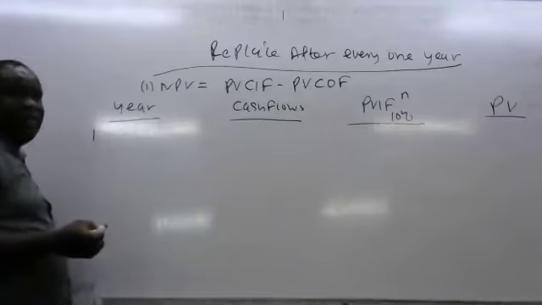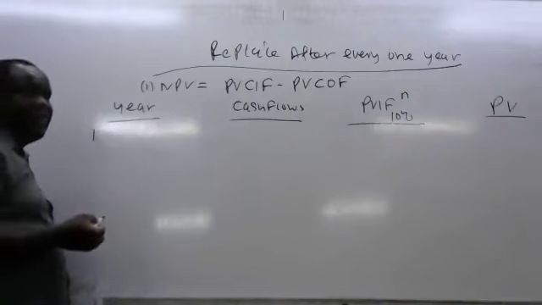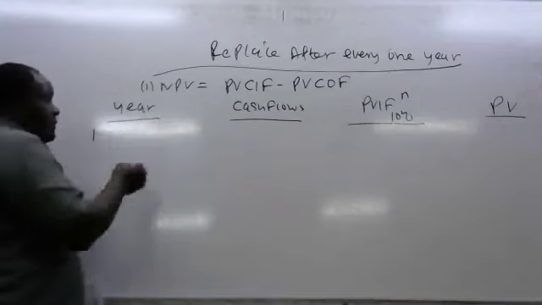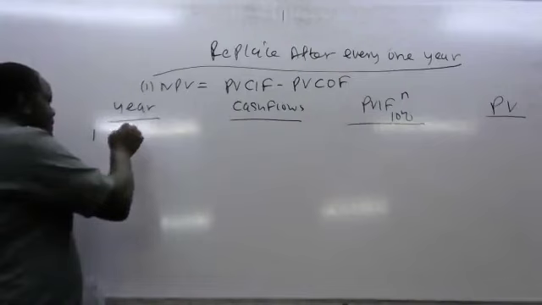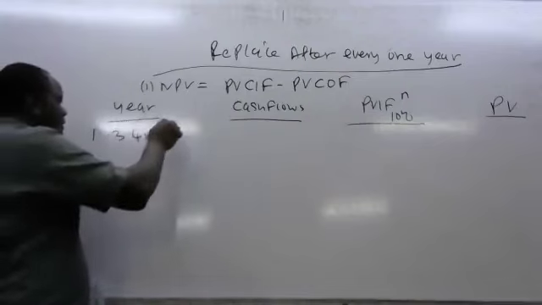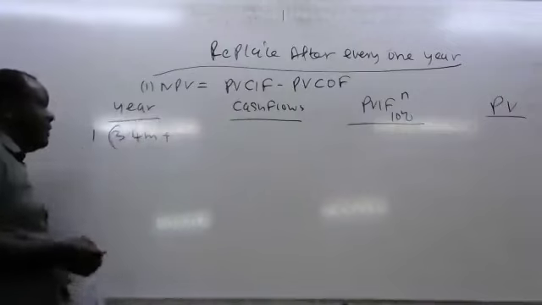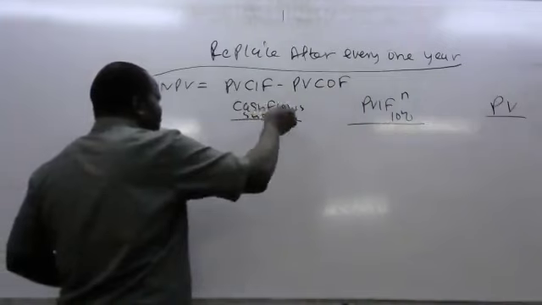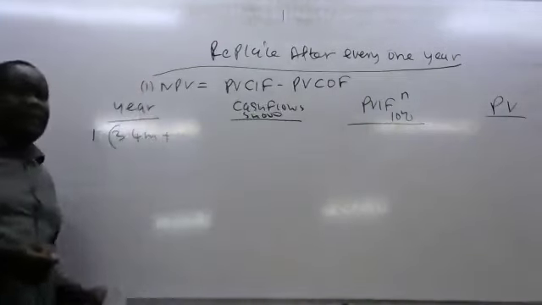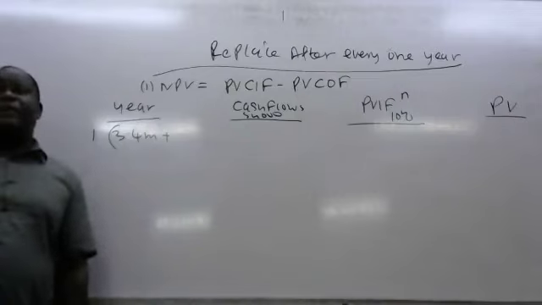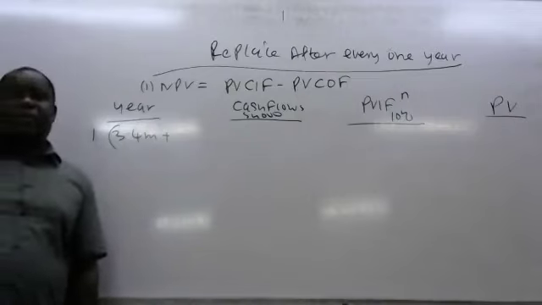So when it comes to year 1, how much was the annual cash flows that we calculated? 3.4 million. Then this one is being replaced at the end of year 1. So after receiving 3.4 million, you are given the resale value of a 1-year-old machine.